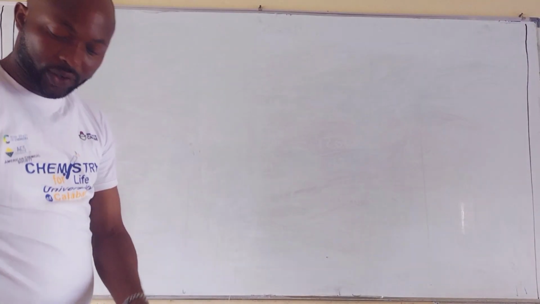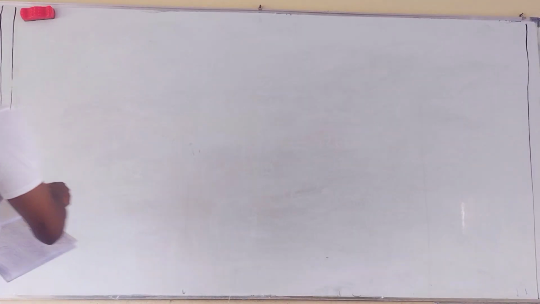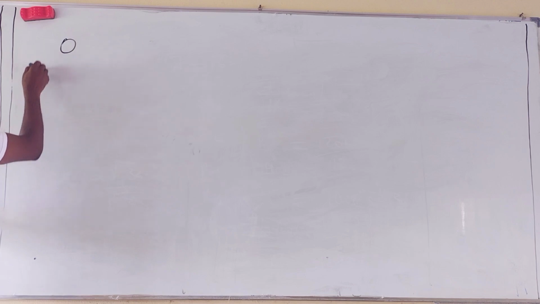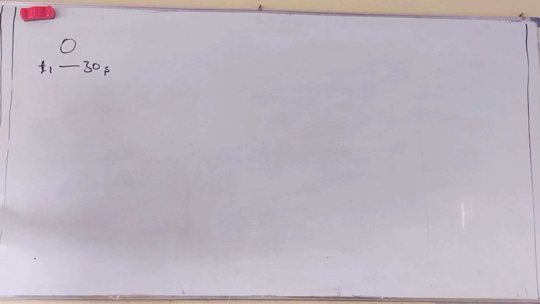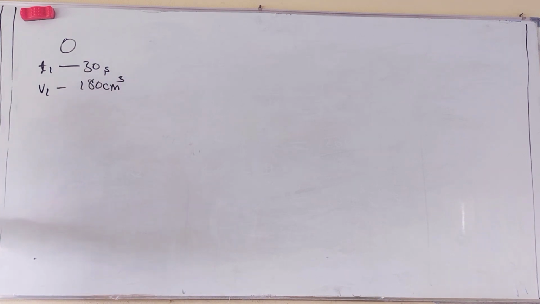In 30 seconds, 180 cm cube of oxygen, so the first gas here is oxygen. T1 is 30 seconds, V1 is 180 cm cube of oxygen diffused through a porous plate.